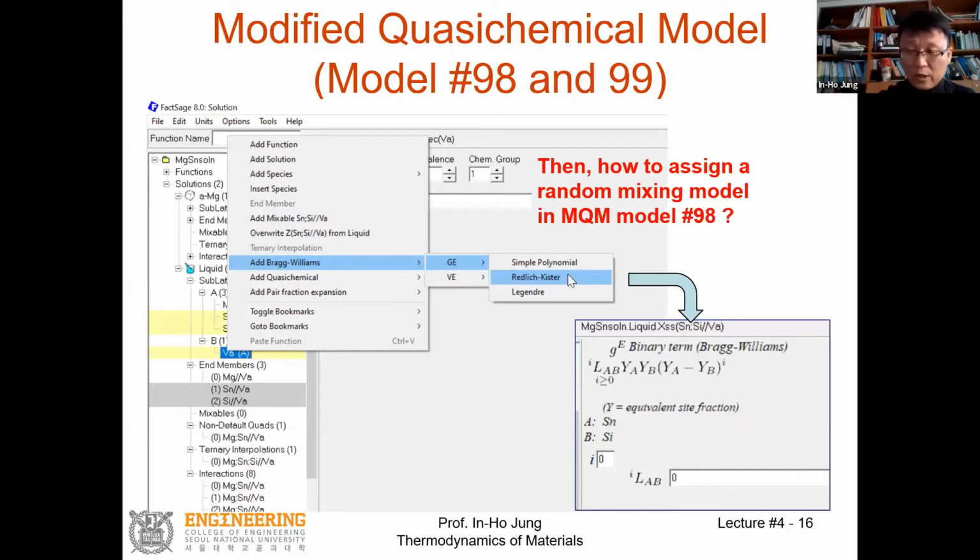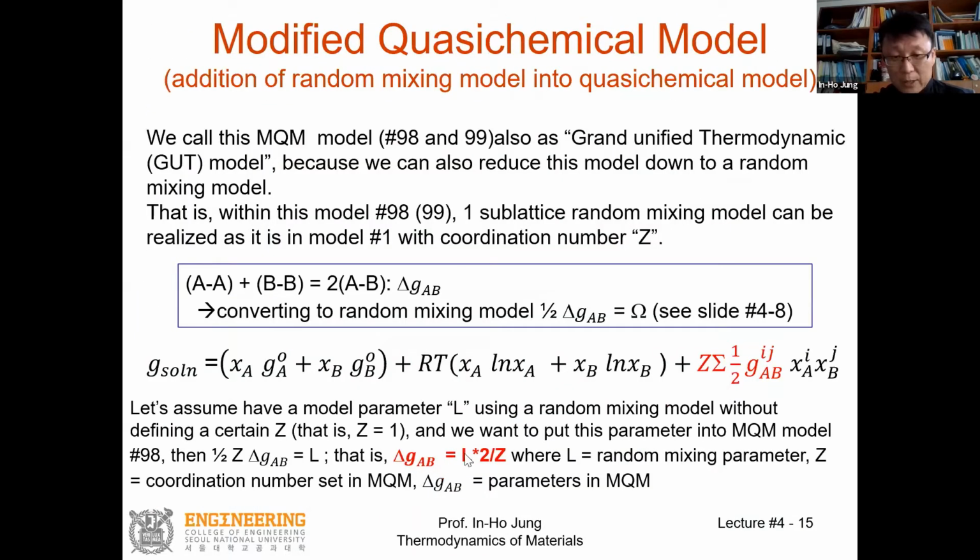Then internally, model 98 assumes that this binary system is expressed as the random mixing model with coordination number Z. When you click this, you can enter the L parameters L0, L1, L2, L3, and this L parameter is the original L parameter from the random mixing model times 2 divided by Z. Do you get it?